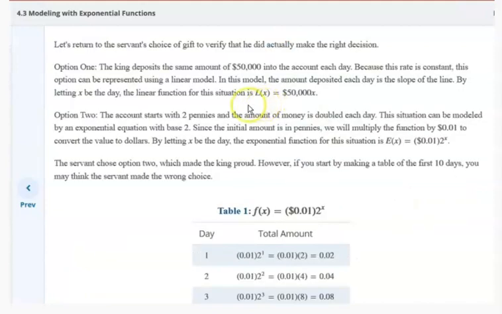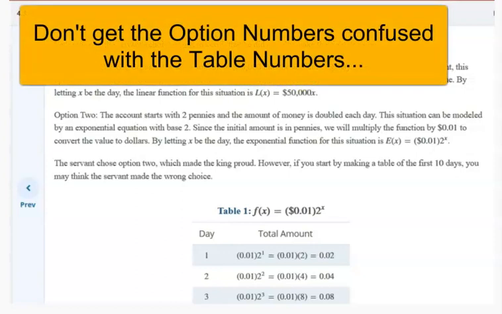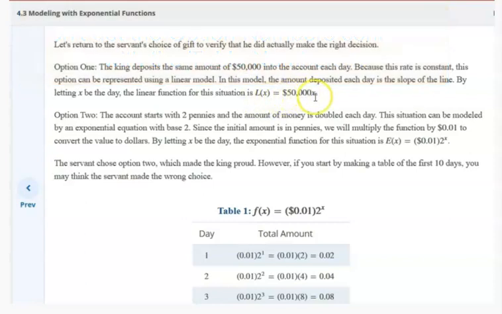Now, this next one, again, it's all part of our background information: option 1, a king deposits the same amount of money, $50,000, into an account each day. Now, this would be linear, and the equation for this would be L of x is 50,000 times x, where x is the number of days.